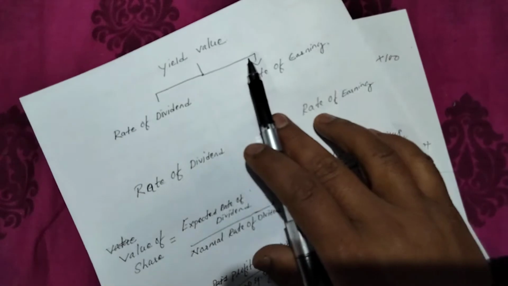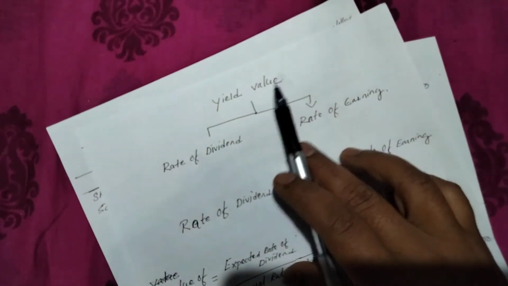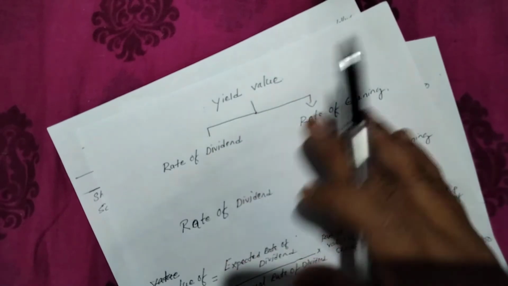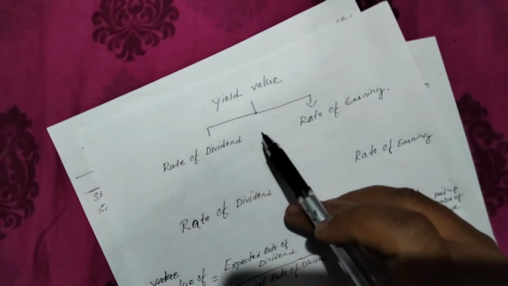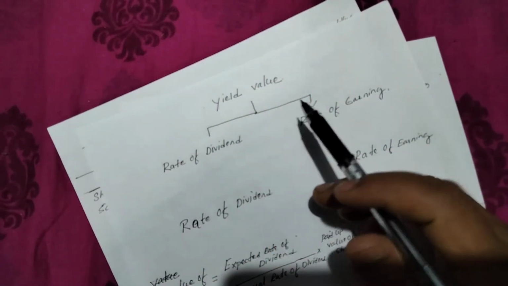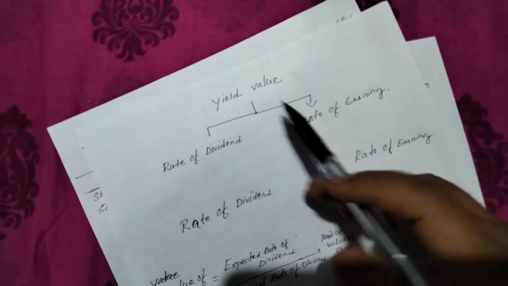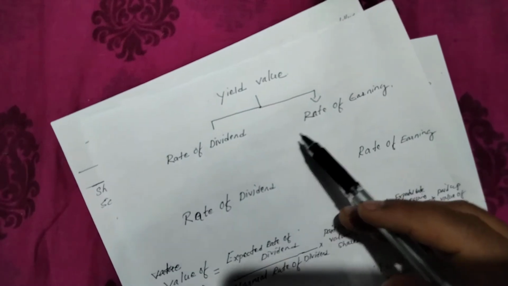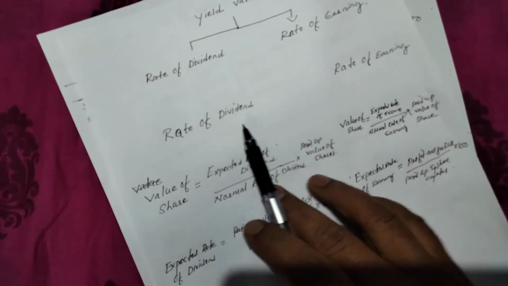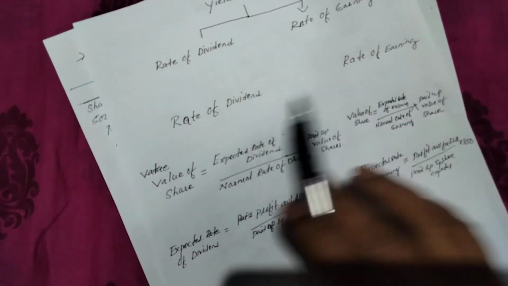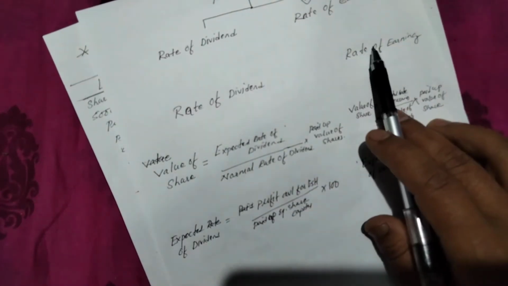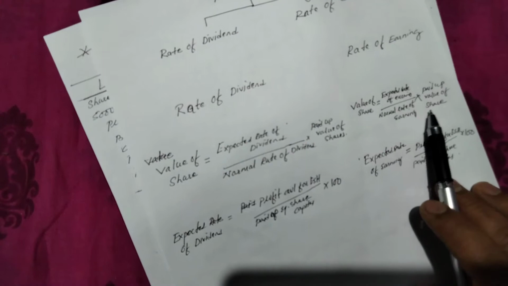I already discussed in our previous video that the yield method is futuristic. We see the future return or future earning of the share, and according to that we fix the value of each share. If the rate of dividend is given, you have to use this formula. If the rate of earning is given, you have to use this formula.